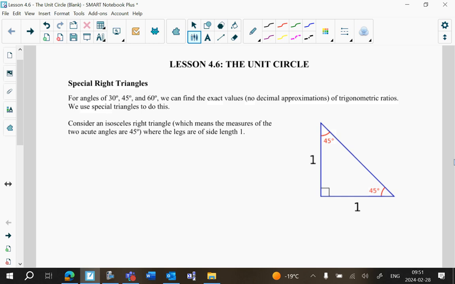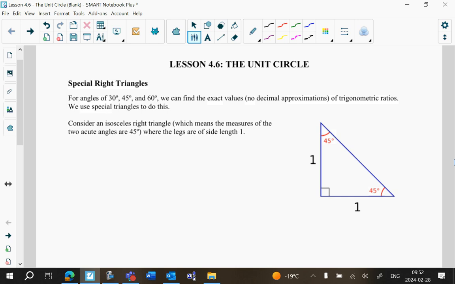If you look up here in the girders, those are all common angles, commonly used in construction and architecture. So in order to find the exact values of certain trig ratios, or the trig of certain angles, we need to first make some triangles.